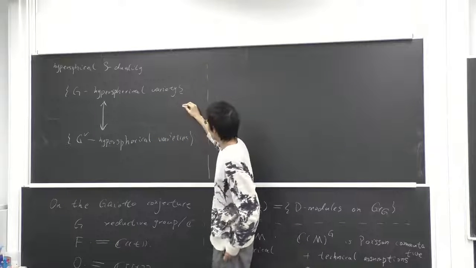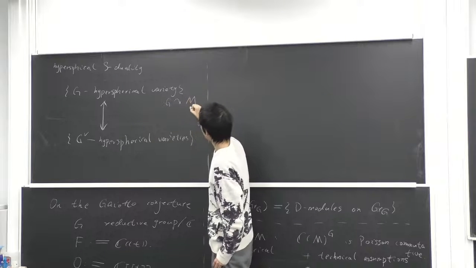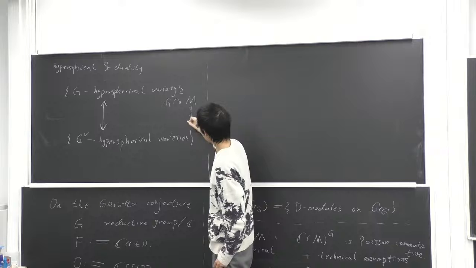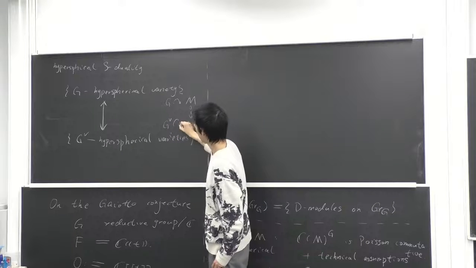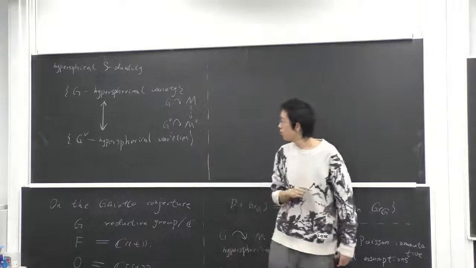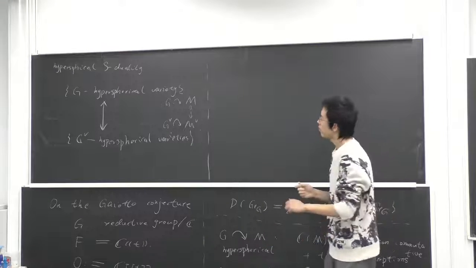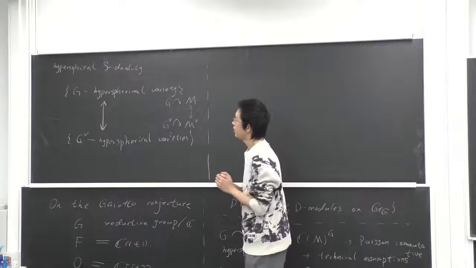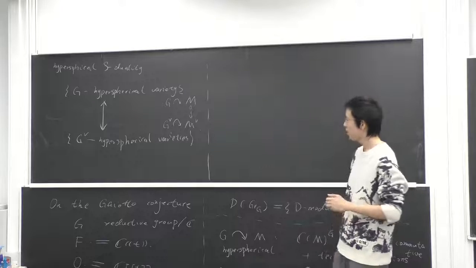So it goes from M to M check. Here, your G check is the Langlands dual group of G. In general, how to characterize this duality is still difficult, and people don't know how to construct the hyperspherical dual.